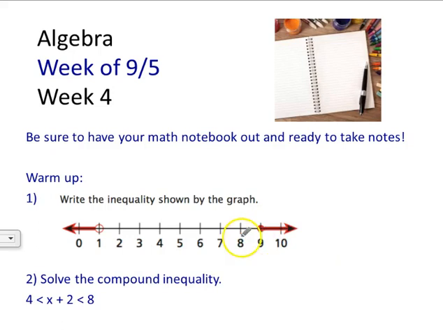Remember to pay attention to open and close circles when you're writing your inequality. And then there's a compound inequality for number 2 that you're going to solve. So go ahead and take a moment to try these on your own in your math notebook. And when you're ready to check your work with mine, go ahead and click play.